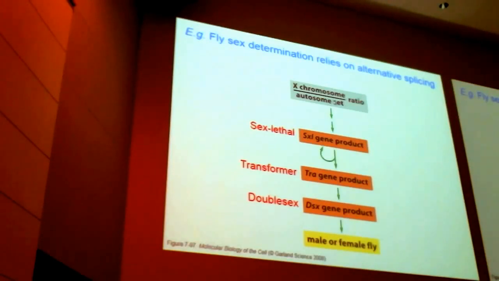They count the number of X chromosomes, count the number of autosomes through mechanisms that people are still figuring out. And based on that ratio, regulate downstream genes. Again, you don't need to know the names of these genes. They're all related to sex, so it's sex lethal, transformer, double sex. They together give you either a male fly or a female fly based on activity.